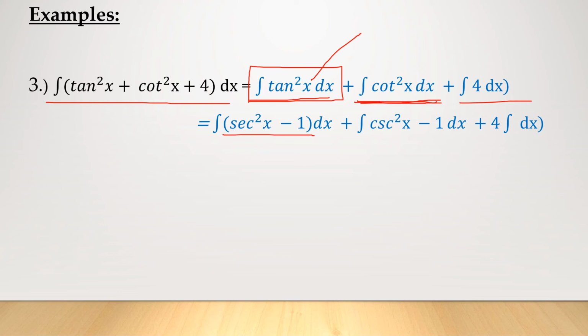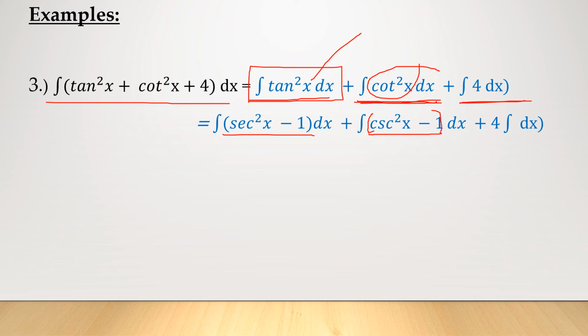So we have to rewrite cotangent squared x. Let us look for a trigonometric identity that we can use. This is the one we took: cosecant squared x minus 1.